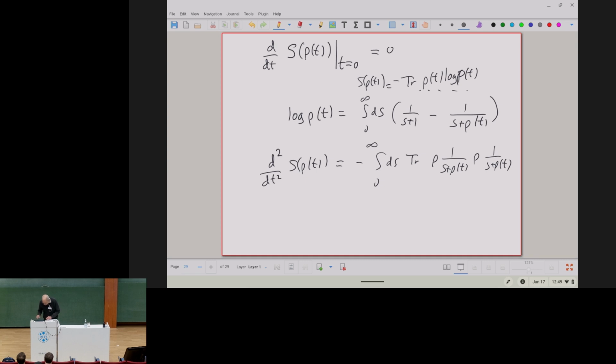I'm forgetting something, but okay. And this, the left-hand side is negative because it's the integral of the trace of b of t squared, where b is a positive operator. B is manifestly non-negative.